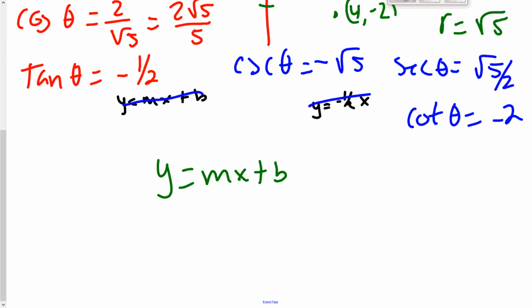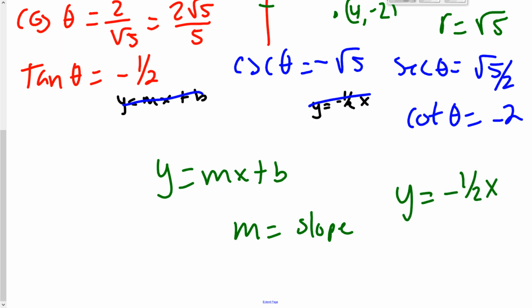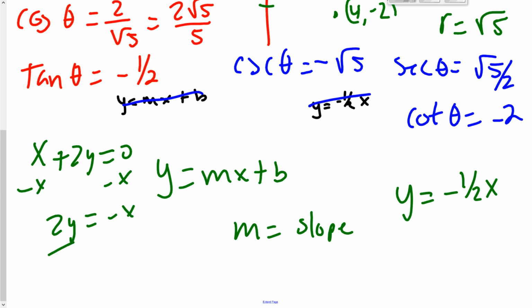When we look at any linear equation that defines that terminal side, you can recall that in slope-intercept form, y equals mx plus b, the coefficient m is our slope. We noticed that it turned into y equals -1/2 x, if we move our x to the other side, so we get 2y equals -x, divided by 2, so y equals -1/2 x.